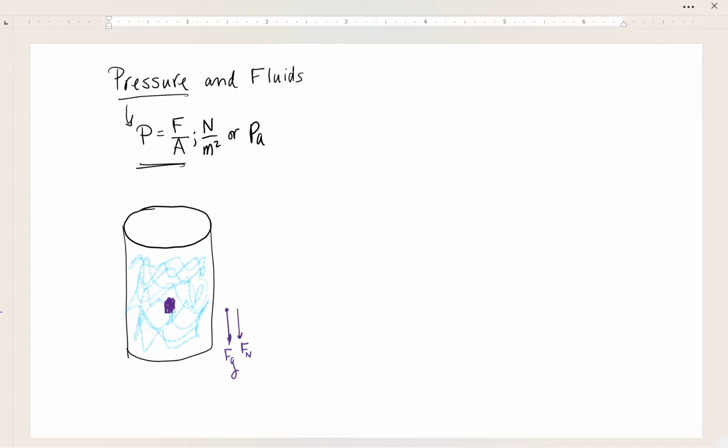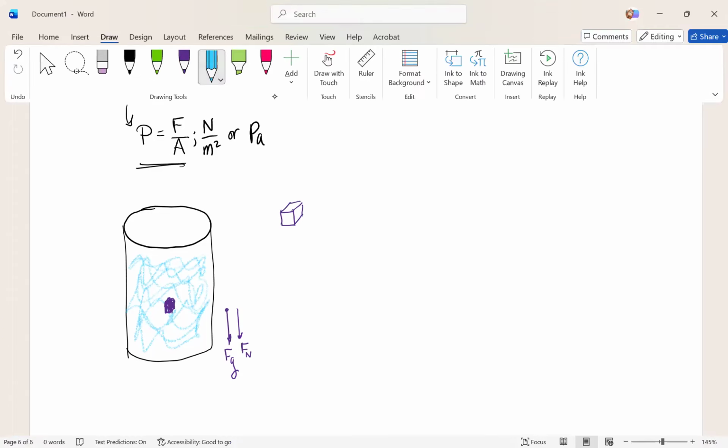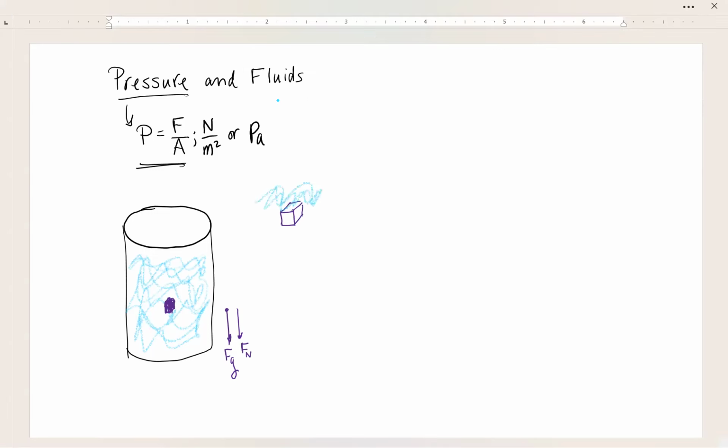So if I've got, and this is just a little blow up of what's inside my fluid. All this fluid is on top of my object, my little imaginary piece of something that's inside of the fluid. So it's as if there's a box sitting on it. So there's another weight on there.